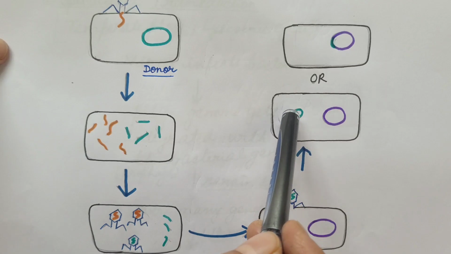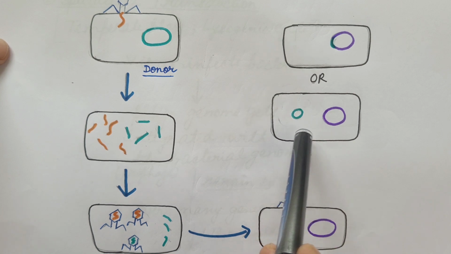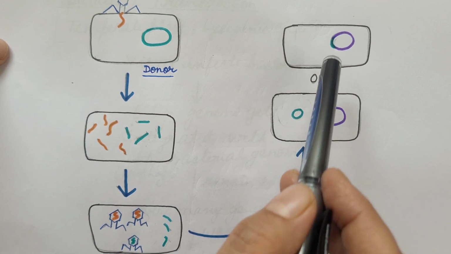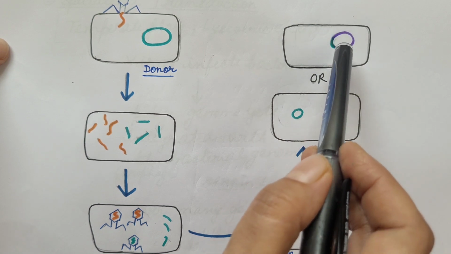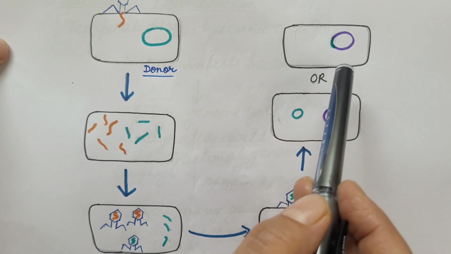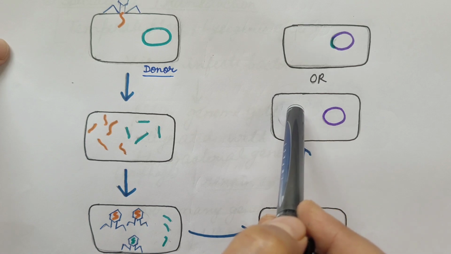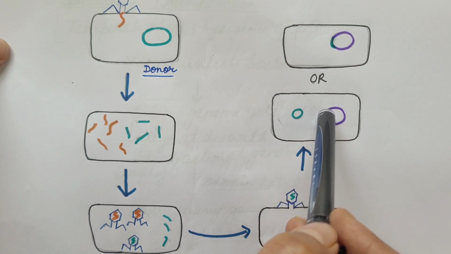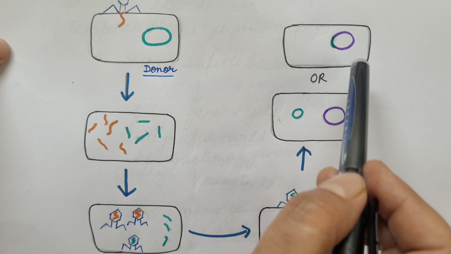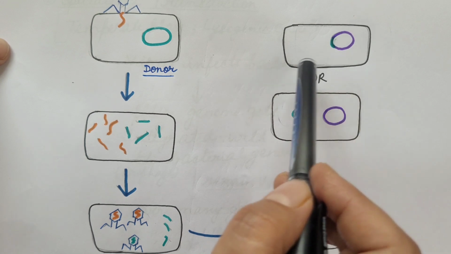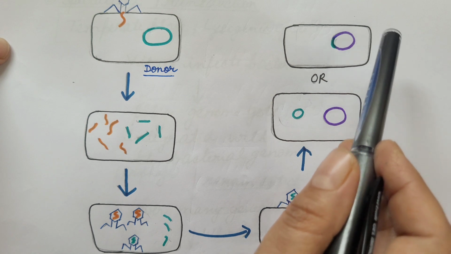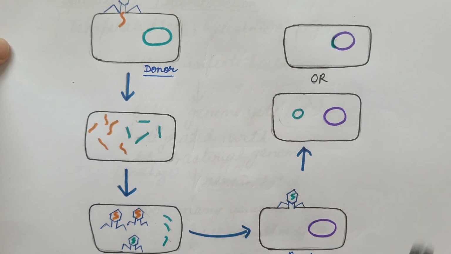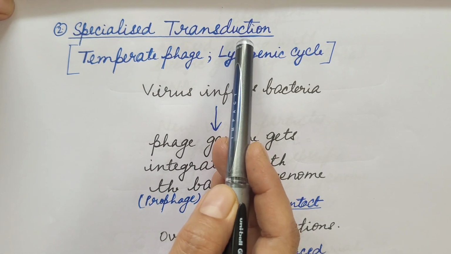It either remains extrachromosomal as a plasmid or it integrates with the recipient bacterial genome. If this region is homologous to any region of this recipient bacterial genome, then we say recombination has occurred and it results in the formation of a recombinant.